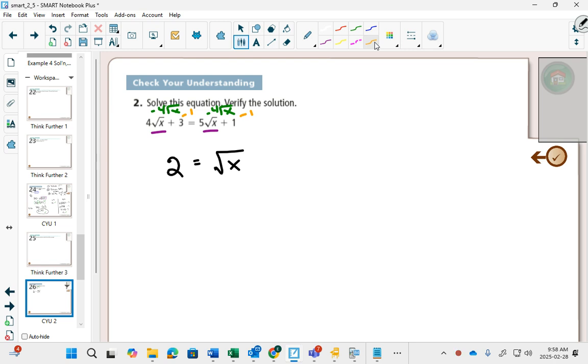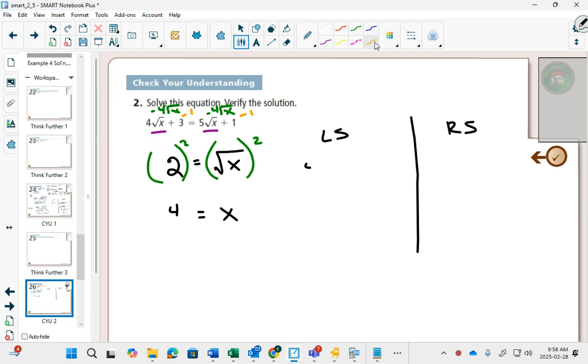Perfect. I can square both sides. And I get x equals 4. Is this the right answer? I have to verify. My original left-hand side was this. My original right-hand side, so we always go back to the original equation.